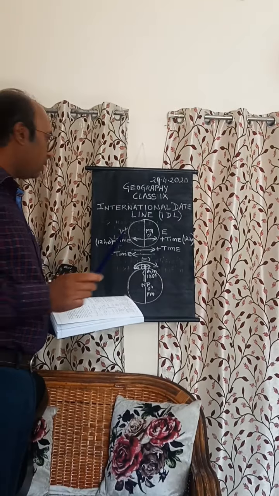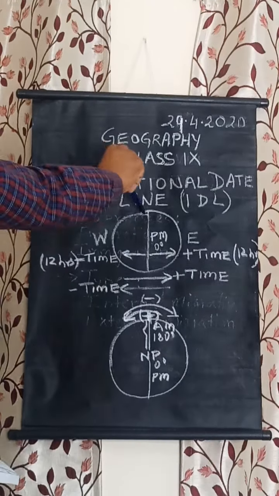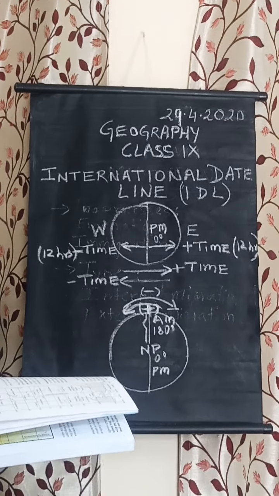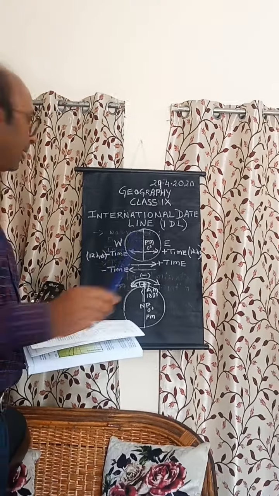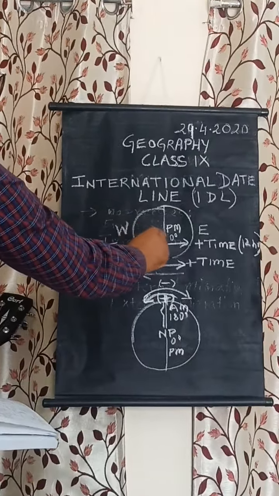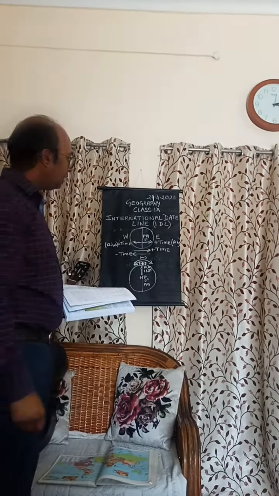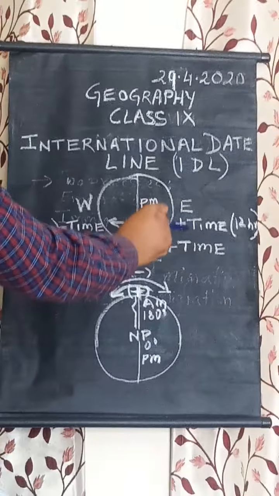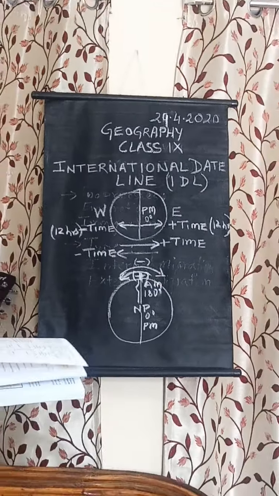But the most important thing you should know: suppose you travel westward half of the globe up to the 180 degrees anti-meridian, you lose time of 12 hours. So minus 12 hours. But suppose you travel half of the globe from the east side of the earth, you gain time of 12 hours. So you have plus time here 12 hours, minus time 12 hours. Okay.